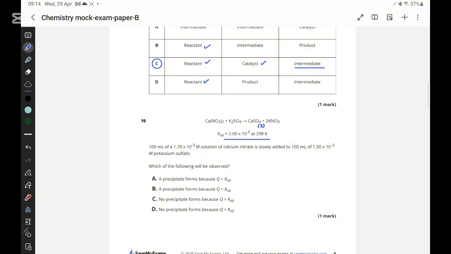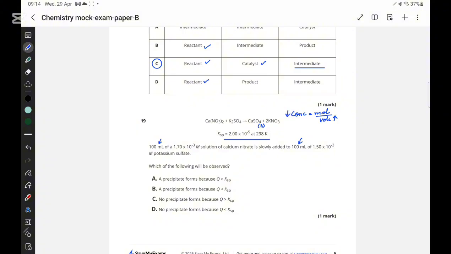So first of all, we have a formula: concentration is equal to mole per unit volume. So if you are mixing them, you can see that volume becomes doubled, because when you are mixing 100 ml with 100 ml, then volume becomes doubled. Okay, and when volume becomes doubled, then concentration needs to be half.